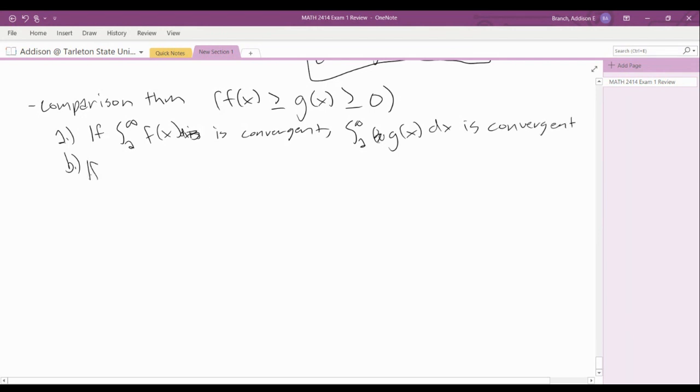Similarly, if the integral of g of x is divergent, then that same integral of f of x must also be divergent.